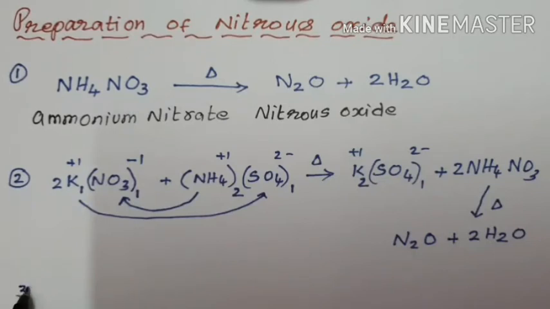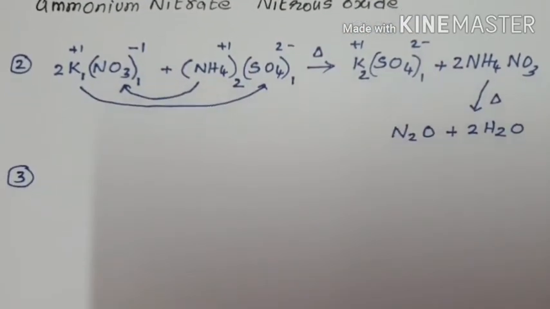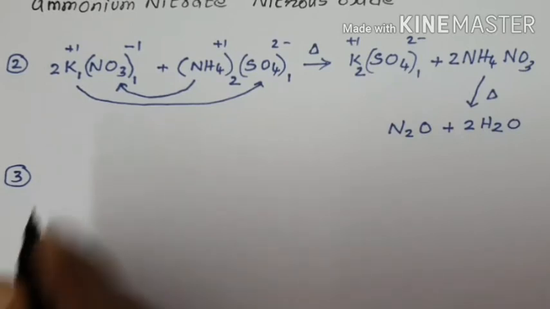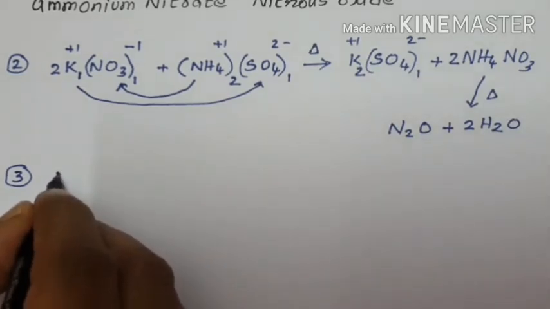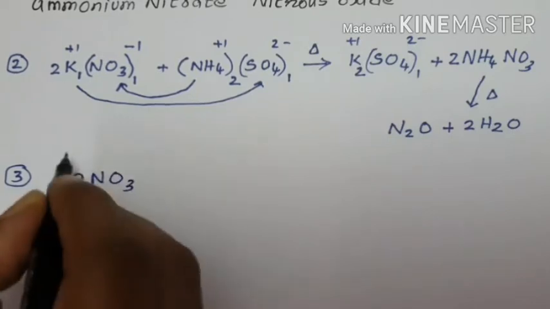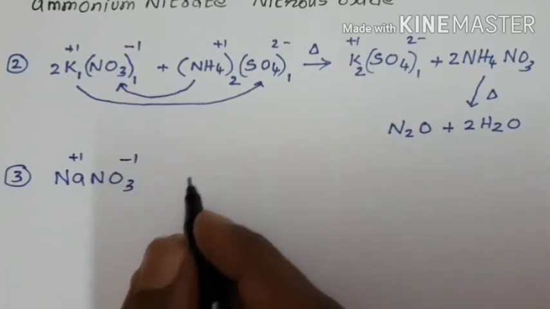Third method of preparation of nitrous oxide, again through ammonium nitrate. Sodium nitrate, NaNO3. Sodium is a monopositive ion, nitrate is a mononegative ion.